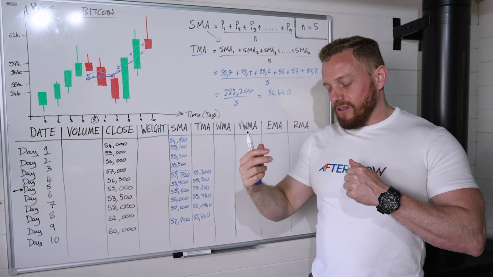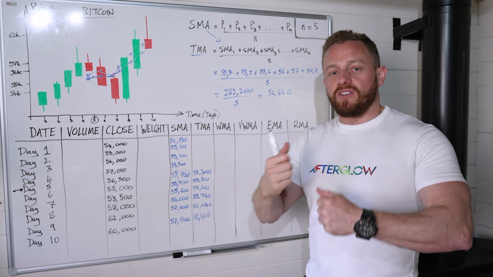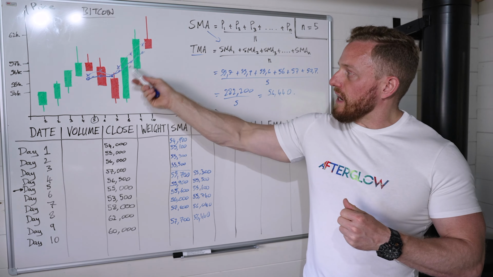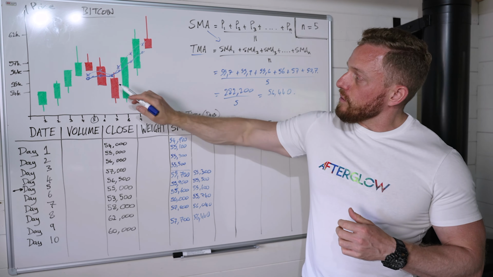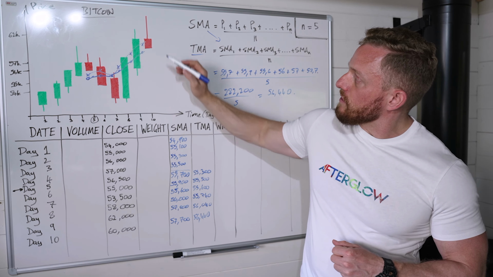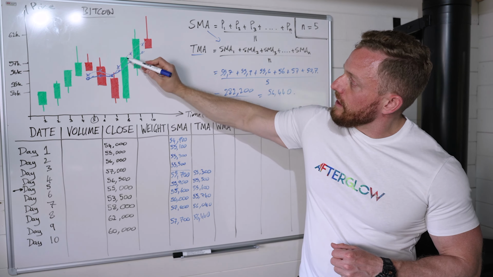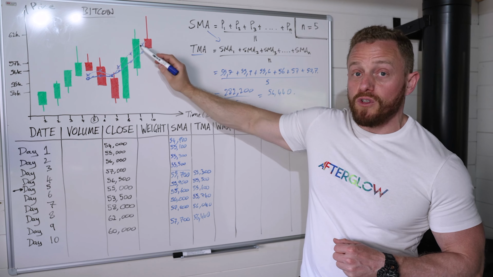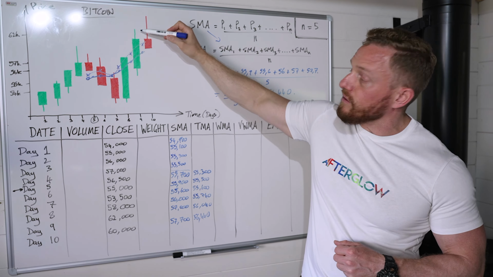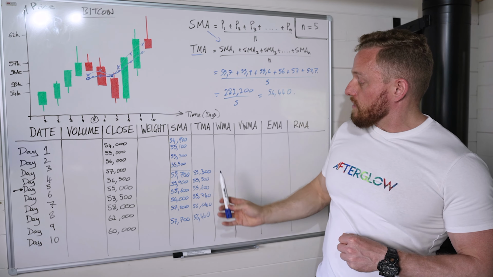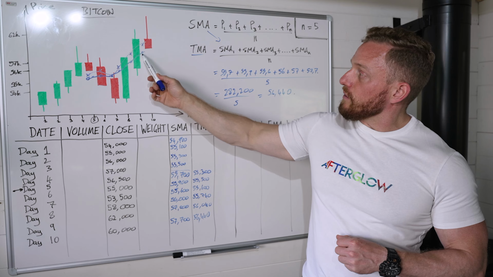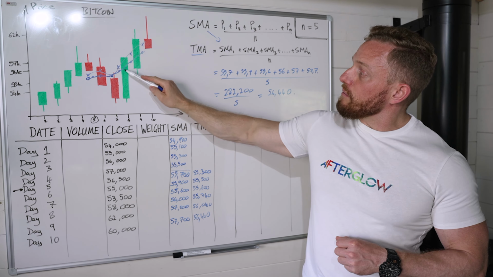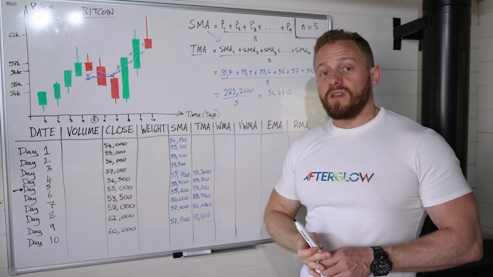So there's kind of less noise, and the moving average line responds more slowly to spikes in price, which, if you look here, does make sense because the SMA line on top is going up sharply when we get these green candles moving up, whereas the TMA line, indicated by the circles, is moving up but more slowly below the SMA line.